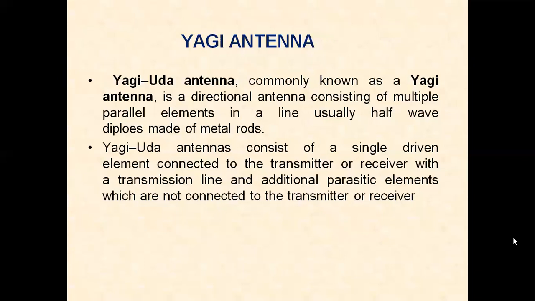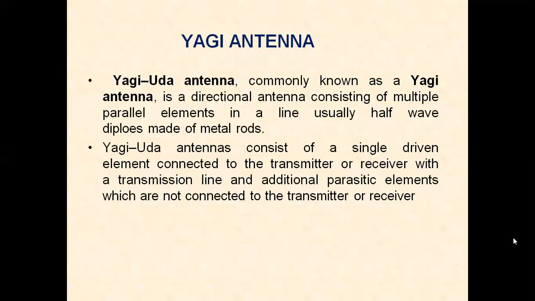So we are feeding the signal to the driven element. Similarly, when it is used as a receiving antenna, it should be connected to a receiver with a transmission line, and additional parasitic elements are not connected to the transmitter or receiver.